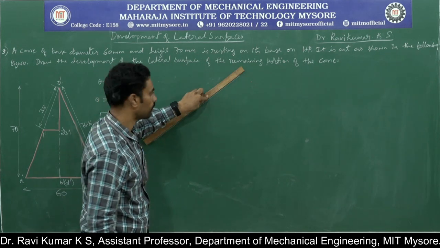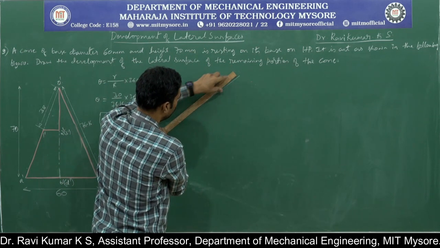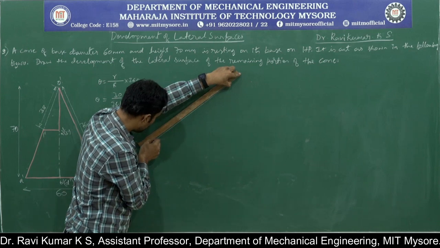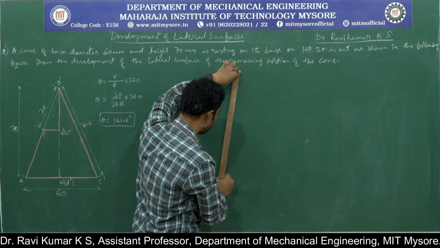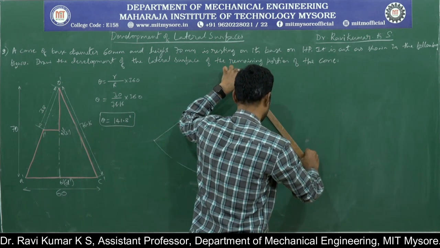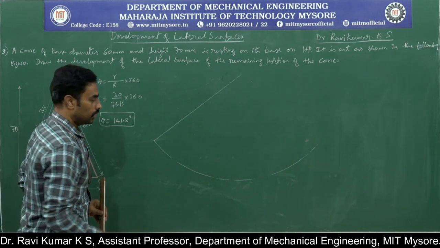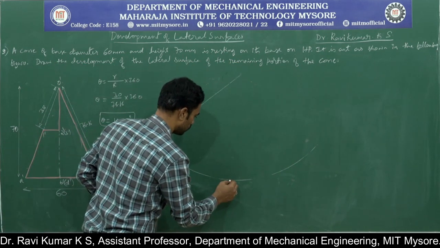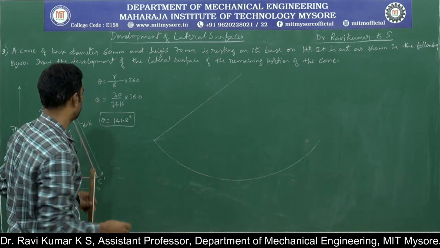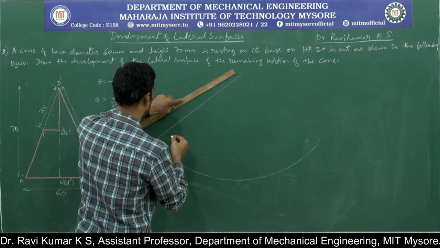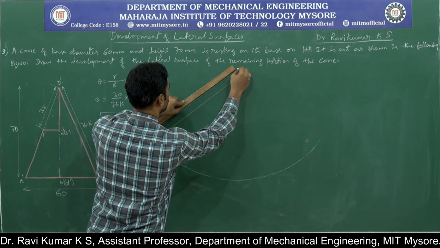Now I select this point as center and this length as radius, and draw a curve with radius equal to 76.16.